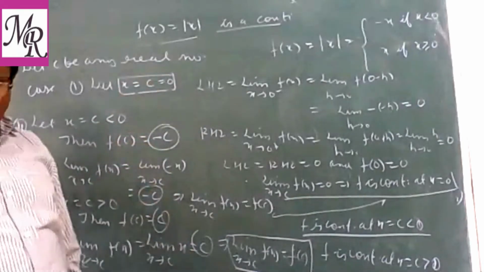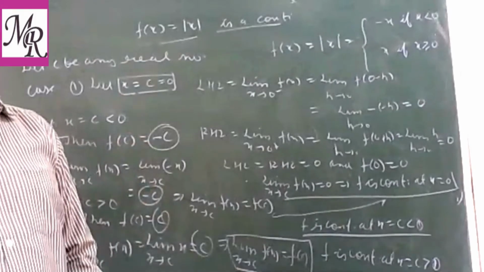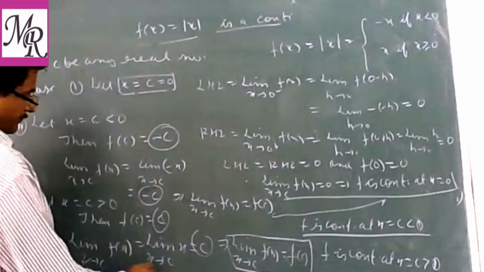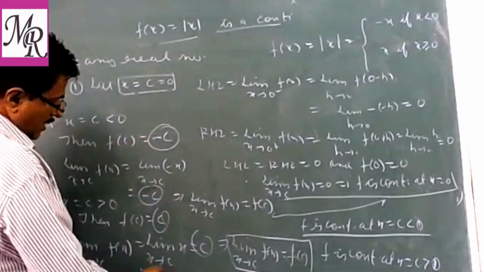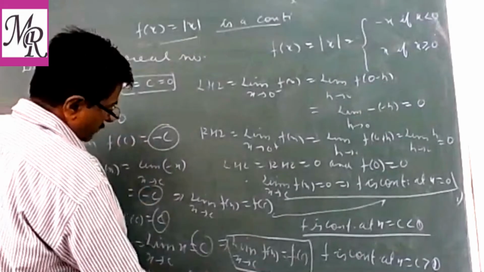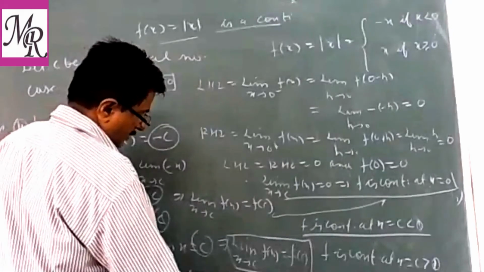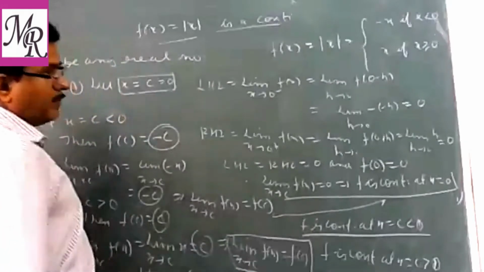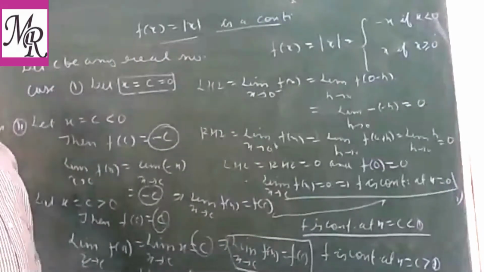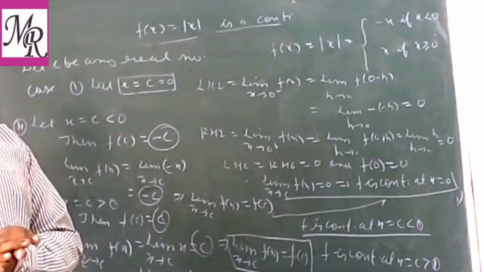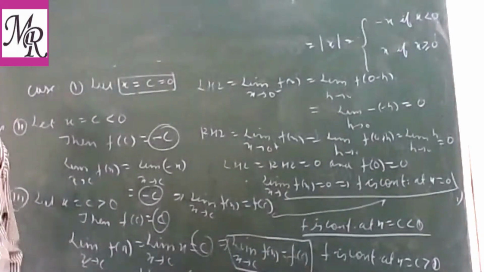So at last you can simply write the function is continuous at all points, clear? और ये भी लिख सकते हैं f is continuous. Simply you write f is continuous, or you may write f is continuous at all points, both are fine.